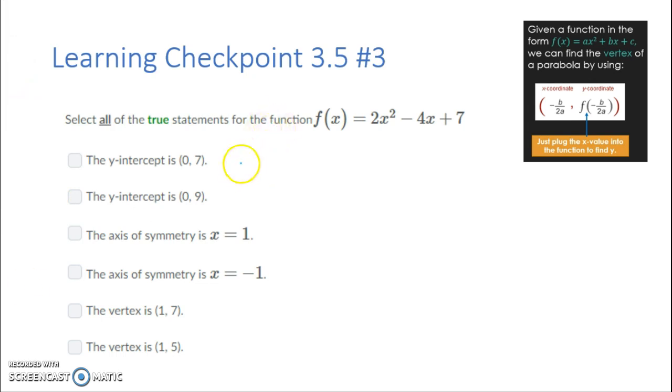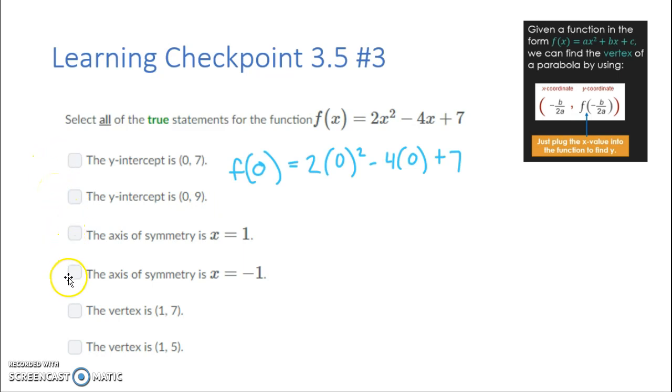So if you come to your function and you plug in x equals 0, that'd be 2 times 0 squared minus 4 times 0 plus 7, and you go through and use your order of operations to simplify this, you'll get some sort of number as your answer. You'll either get 7 or you'll get 9, and it's going to be your job to choose which one of these is the correct y-intercept.